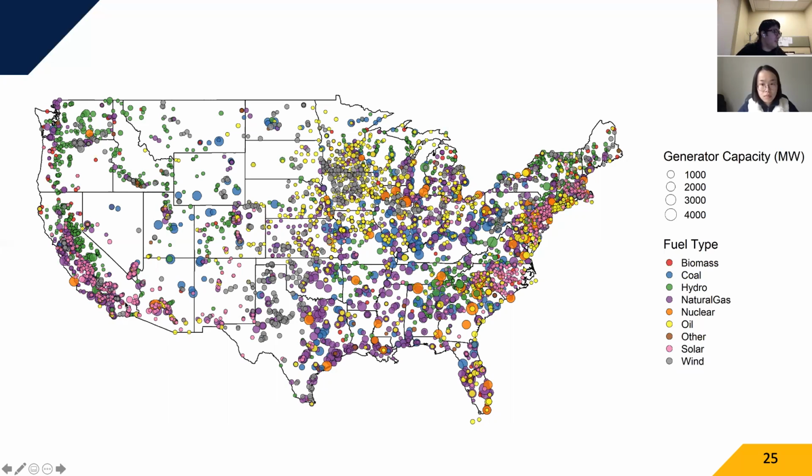So this map itself is probably a couple of years old at this point, so things probably look a little bit different, but for the most part, a lot of the patterns are going to be pretty consistent. You'll notice that in California, for example, there's a lot more pink, which is solar power, right?